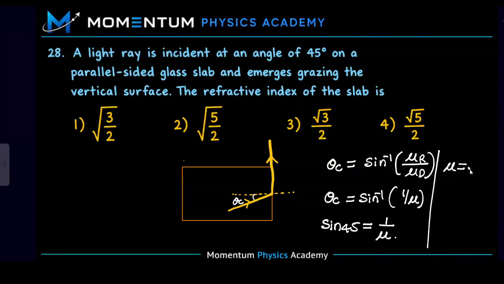So the option is root 2 only. This is a refractive index with parallel sides. Whether they give the angle with the surface, they may give, check it. Even though that is also the same only. Root 2 is the correct answer.